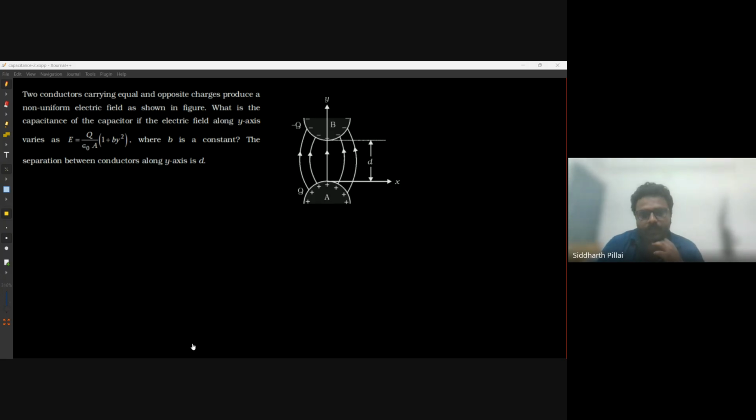Okay, good. We already have one response. Okay. Please work it out. Electric field is given as a function of y coordinate. So from that you need to find out the capacitance, right? The capacitance of these two conductors.